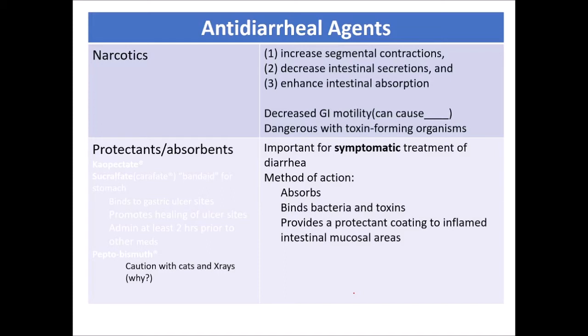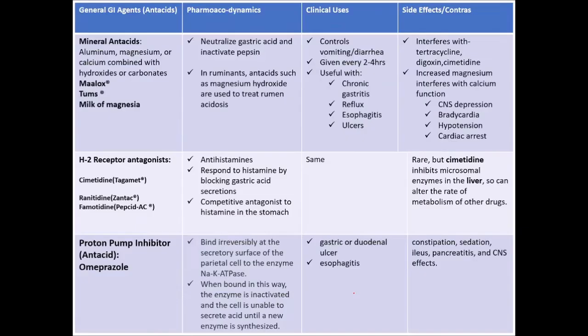So some general GI agents or antacids we can use. Mineral antacids like Maalox, Tums, or milk of magnesia often have aluminum, magnesium, or calcium that are combined with hydroxides or carbonates. These neutralize gastric acid and inactivate pepsin. In ruminants, antacids such as magnesium hydroxide are used to treat rumen acidosis.